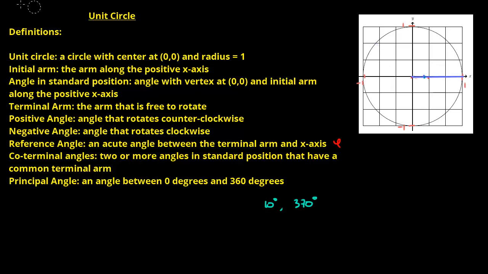If we were to draw a 10-degree angle, it would look something like this. If we rotated this terminal arm another 360 degrees, it would get back to the same spot. So 10 degrees and 370 degrees have the same terminal arm. The principal angle between these two coterminal angles is the angle that is 10 degrees.